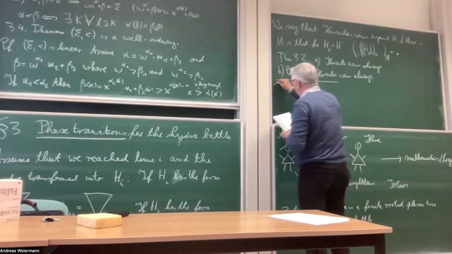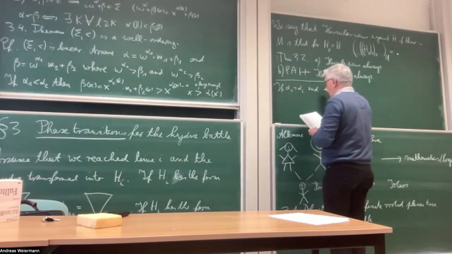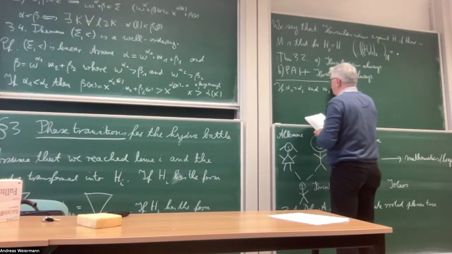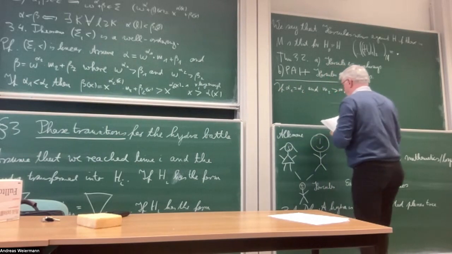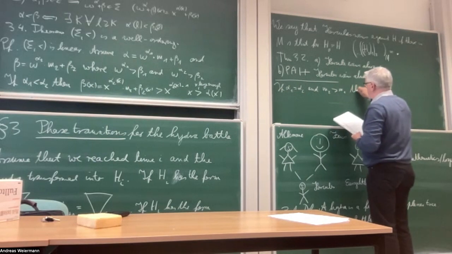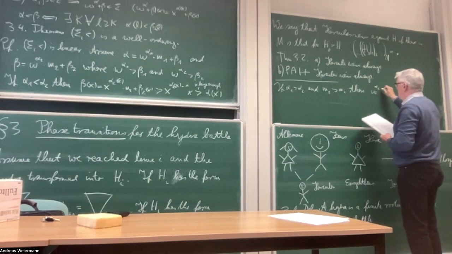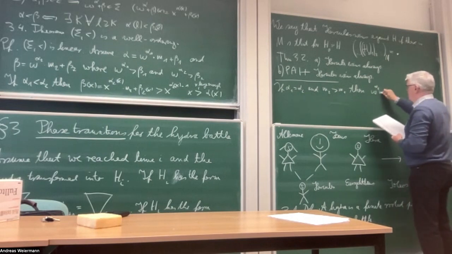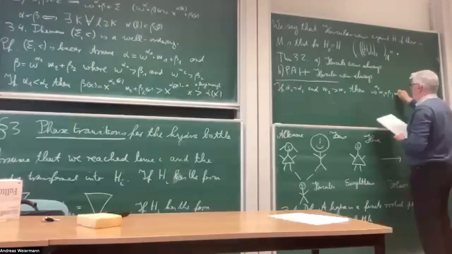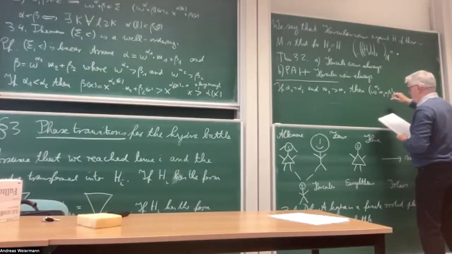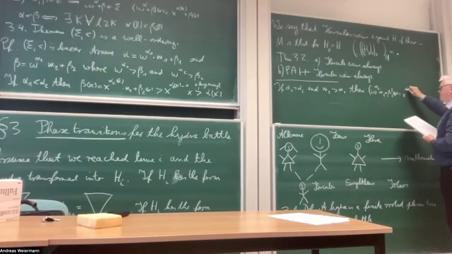How is the case alpha 1 is equal to alpha 2 and m2 is bigger than m1? Then you can argue in the same way. We got alpha 2 times m2 plus beta 2 of x, which will be x to the alpha 2 of x times m2 plus beta 2 of x.